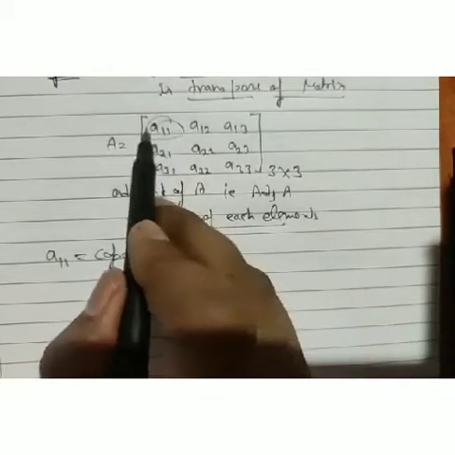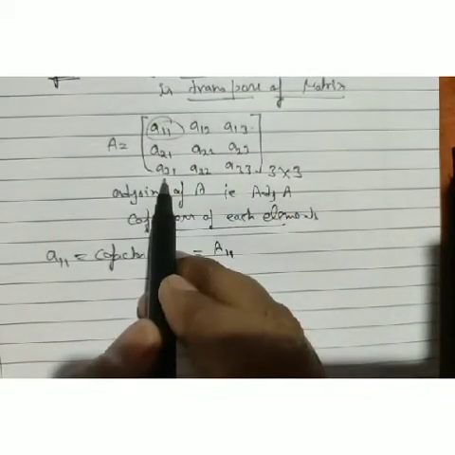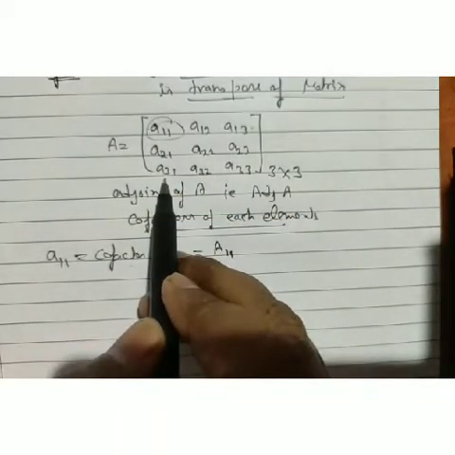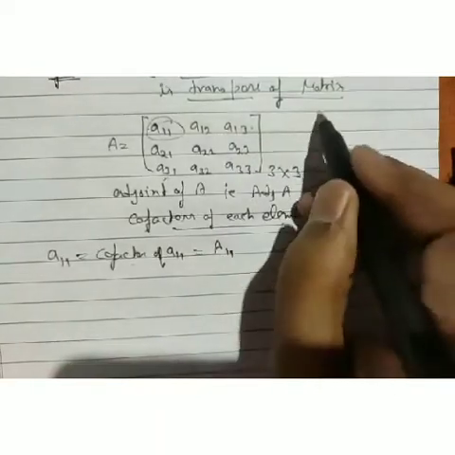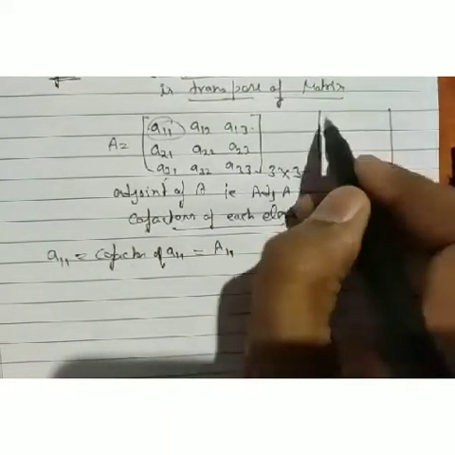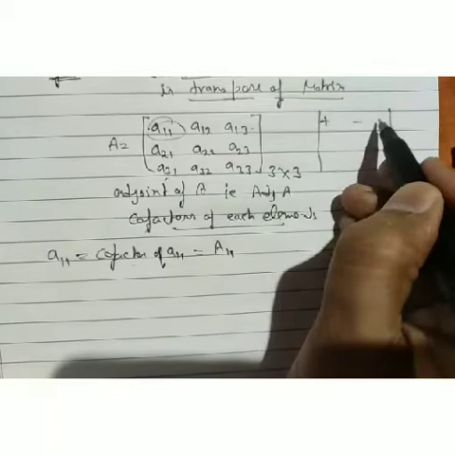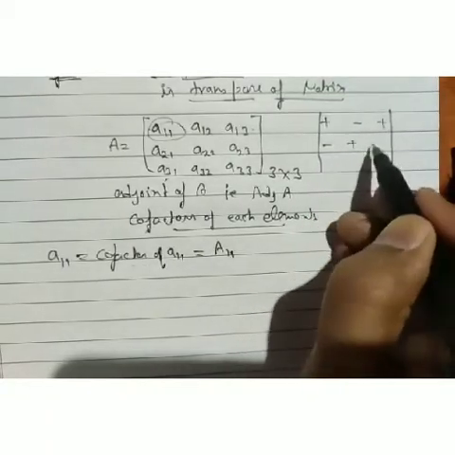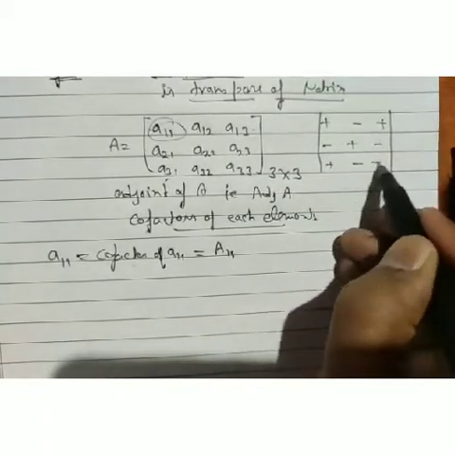We delete the corresponding row and corresponding column, and use the sign convention. What is the sign convention? Plus, minus, plus, minus, plus, minus, plus, minus, plus.